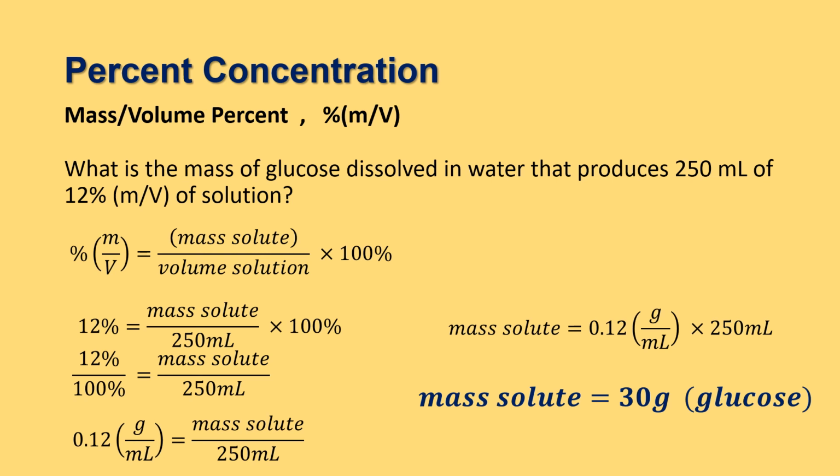So that means we're going to dissolve 30 grams of glucose using enough amount of water until we reach 250 ml of the solution, having a concentration of 12% by mass volume percent.